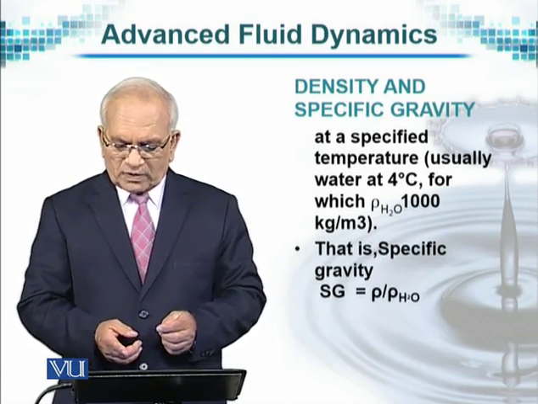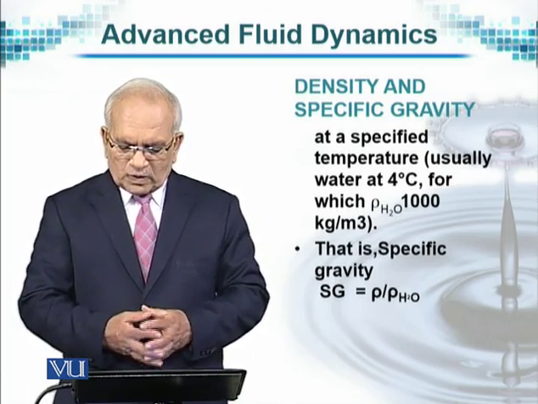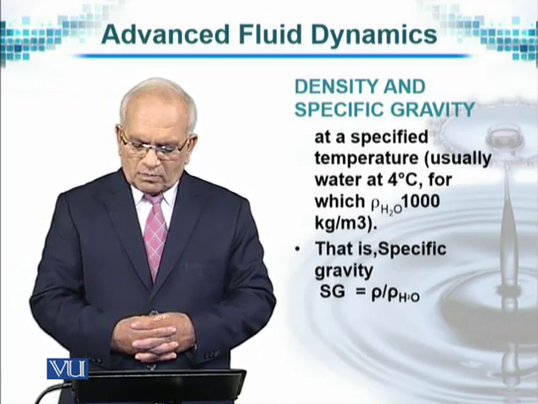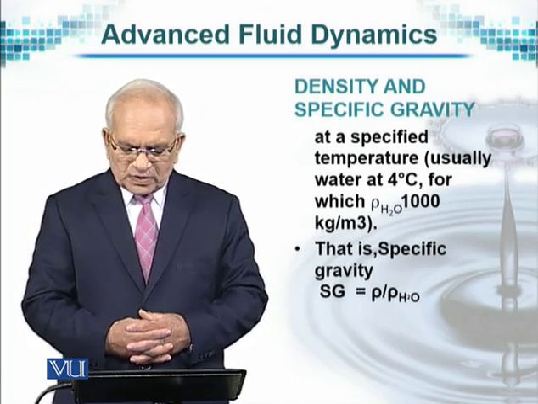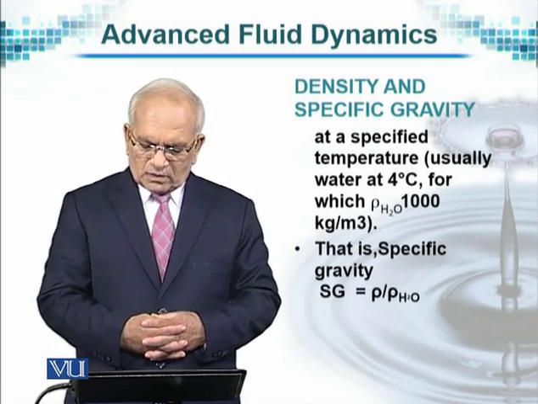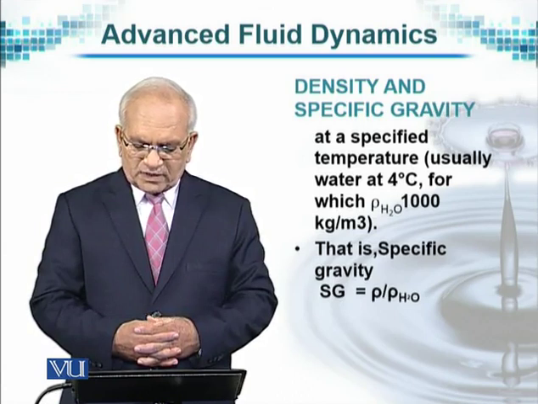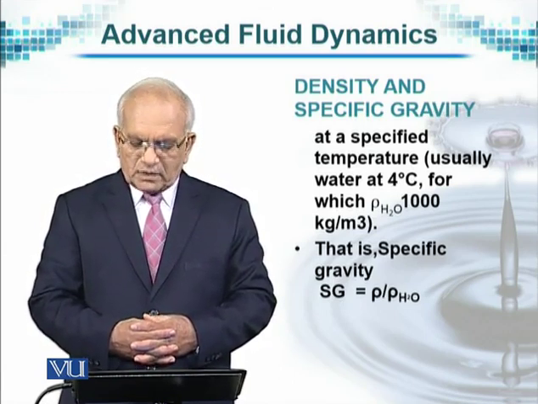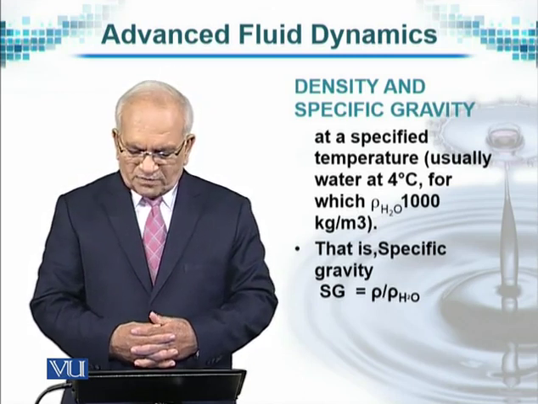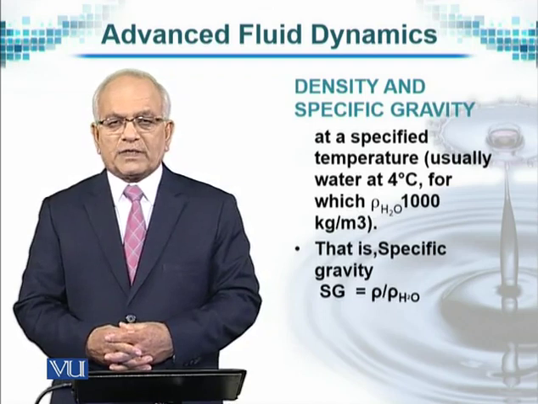So the density of water is 1000 kilogram per cubic meter at 4 degrees, considered as the normal or representative density of water. And the specific gravity will be correspondingly defined as rho over rho of water.